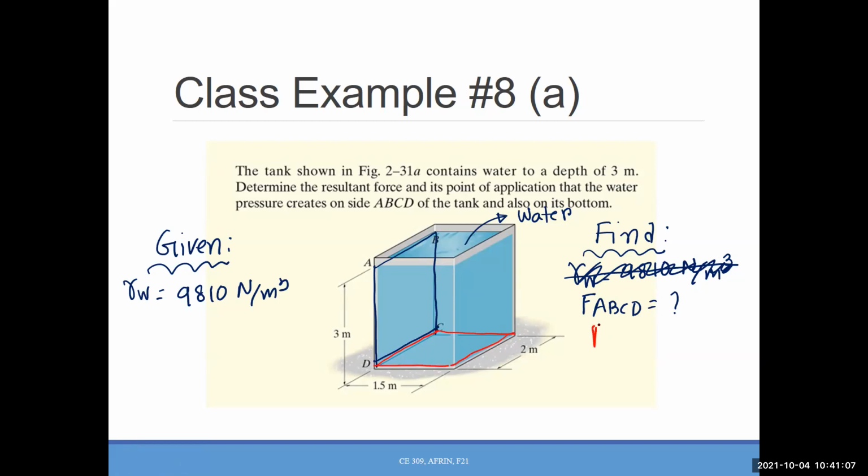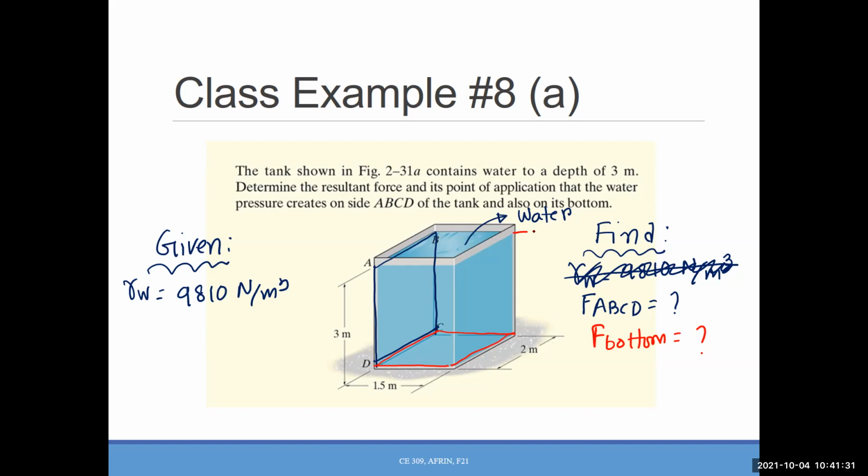The bottom. There is no name for the bottom, so I will just write it down. The F bottom will be kind of easy to find. Basically, it is the pressure of all the water that is on the bottom.